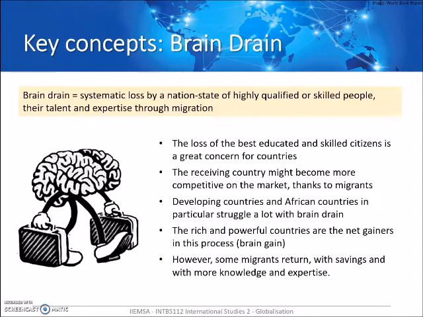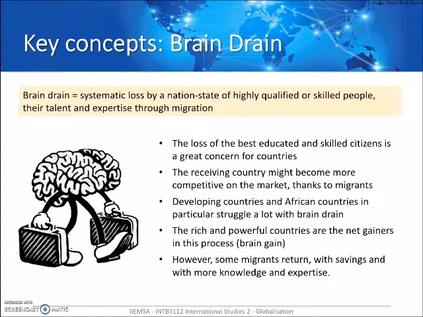And as we said, particularly developing countries and African countries, even more in particular, struggle a lot with brain drain, particularly in certain fields, right? For example, there is a brain drain of doctors, there might be brain drain of IT people, so you can literally look at this for every sector of work.